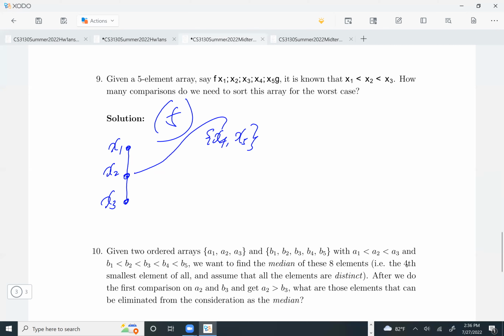Binary search idea. So you only have 2 possibilities: x4 less than x2 and x4 greater than x2. Only 2 cases. But these 2 cases are symmetric, right?